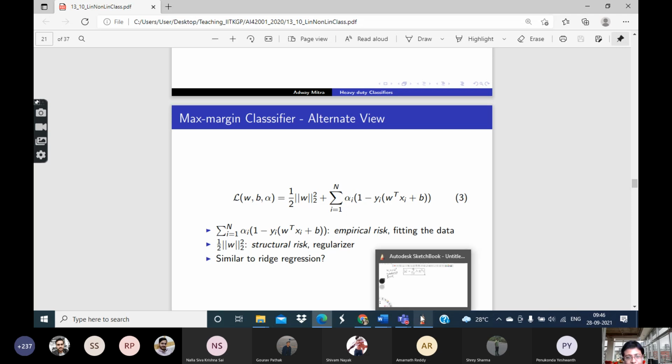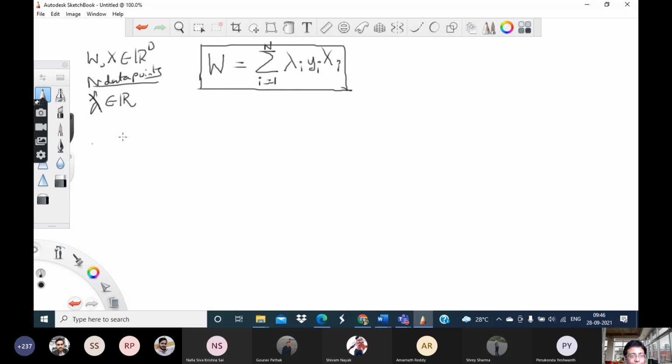Sir, for every input value, we are finding a lambda, right? Yes. If our data set scales up to a very large size, then the number of equations to solve will be higher, right? Yes, it will be very high.